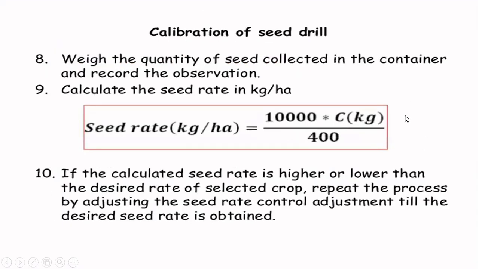Calibration of the seed drill: weigh the quantity of seed collected in the container and record the observation. Then calculate the seed rate in kilogram per hectare. How is the seed rate calculated? You rotate the wheel for 100 revolutions and collect the seed.